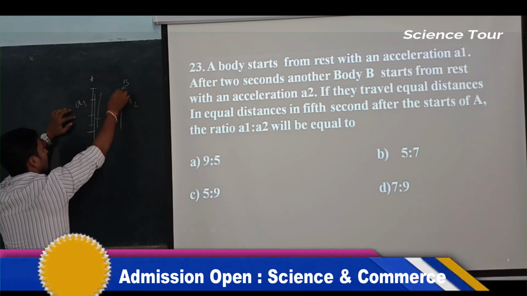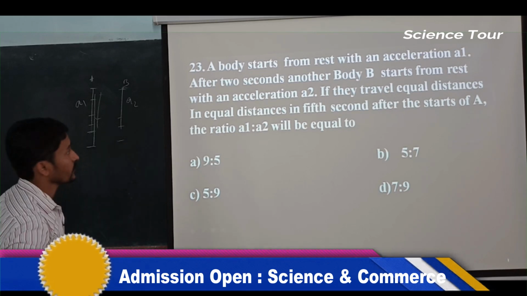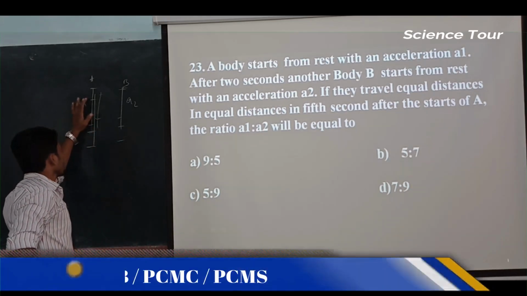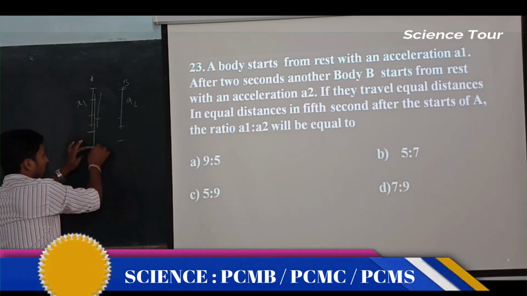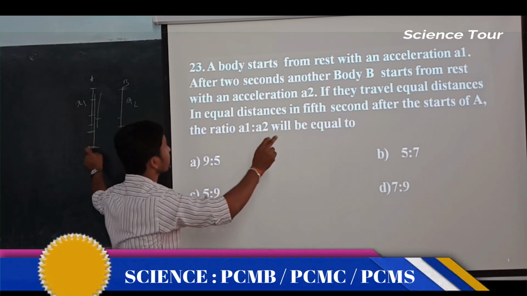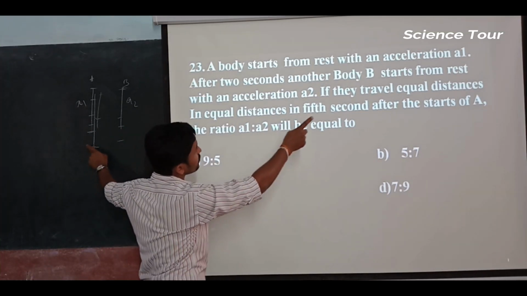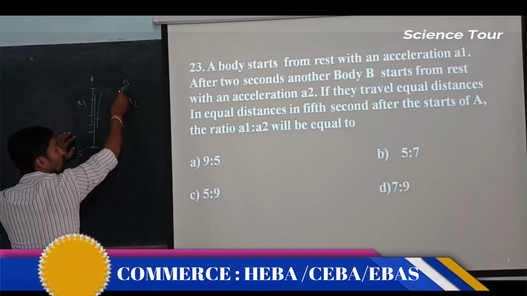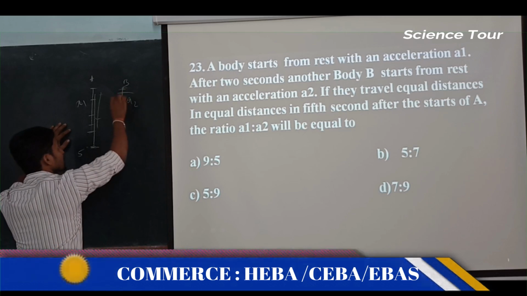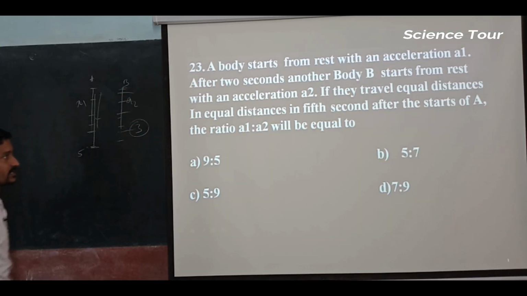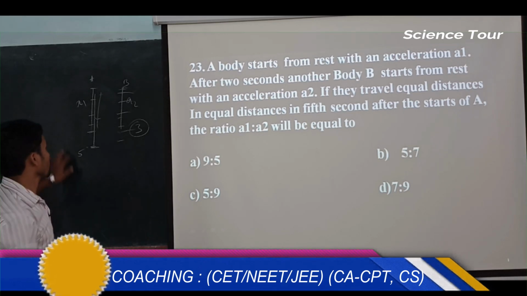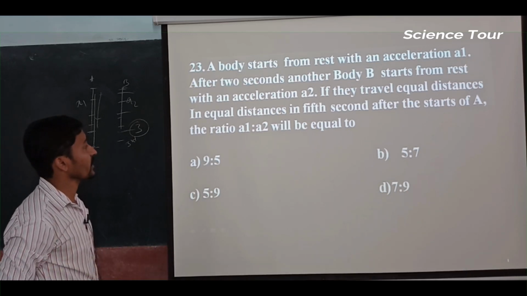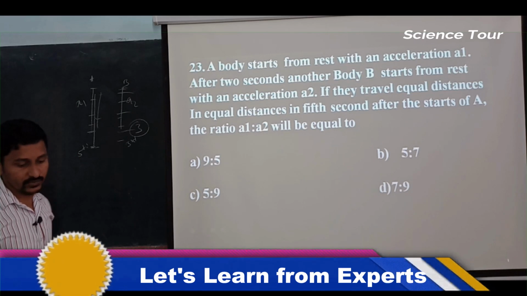A started at the beginning itself. B started from rest after t equal to 2 seconds, so when A is in its fifth second, B has traveled only 3 seconds, 5 minus 2. So for B it is the third second, for A it is the fifth second after the start of A. You have to find the ratio of a1 and a2.